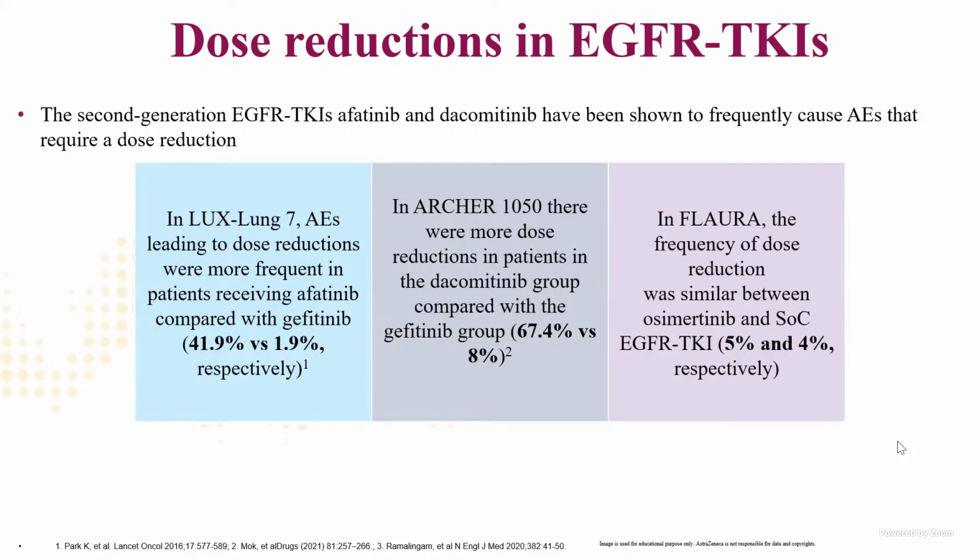So only a marginal number, 5% of the patients, had dose reduction in the FLAURA trial, while it's more than two-thirds in dacomitinib and approximately 50% in the afatinib arm, which required dose reduction.